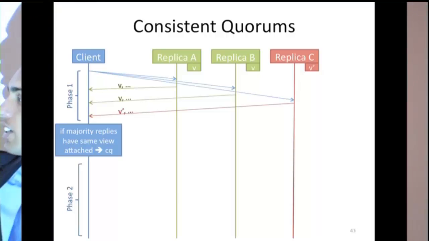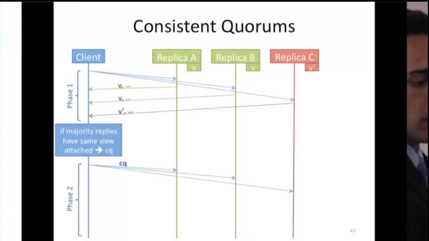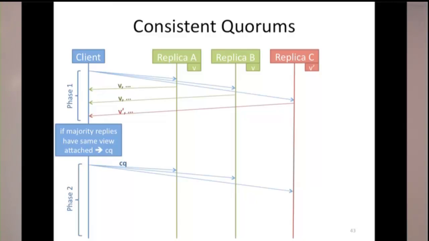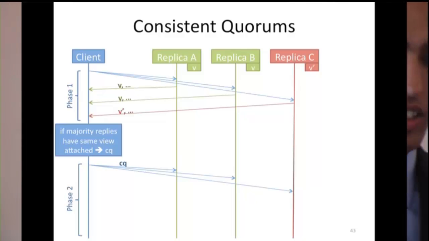So the client has to use the consistent quorum that it got in the first phase. Next time, in the second phase, when the client sends requests to the replicas, it attaches the consistent quorum that it got in the first phase. It says, I gathered this consistent quorum. This is what we should use for my second phase as well, because the operation is still the same.